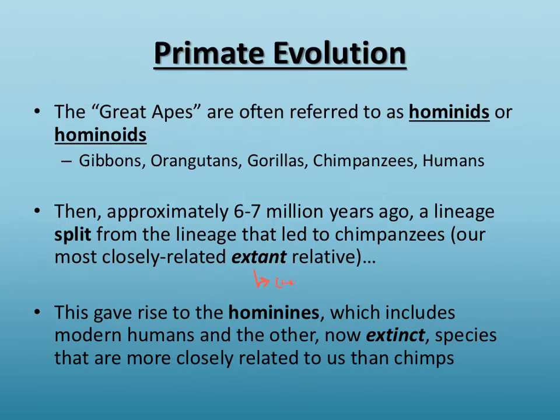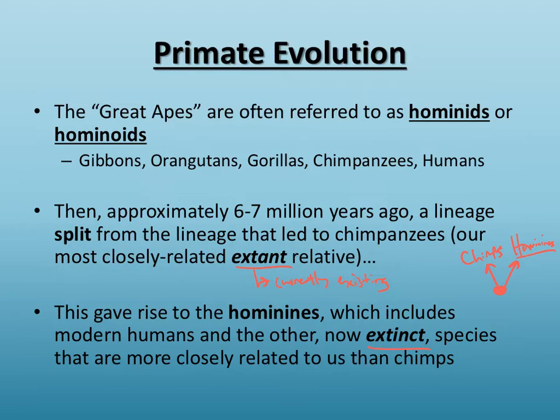Extant means currently existing, right? Versus extinct, right? Which would mean currently gone. And this branching 6 to 7 million years ago gave rise to chimps and gave rise to what are called the hominines. Now notice, I'm still not saying human here, right?